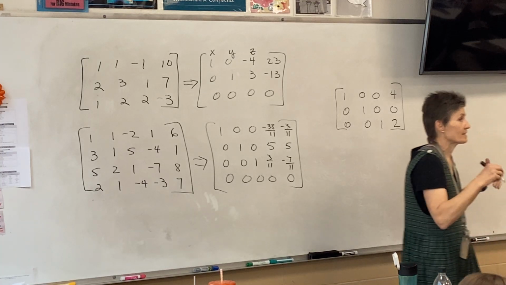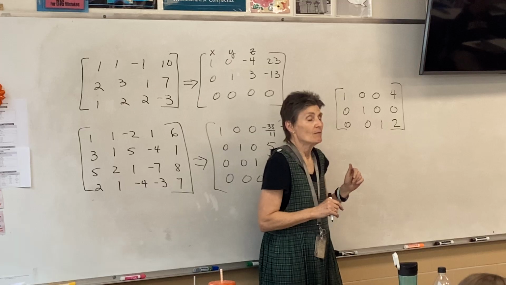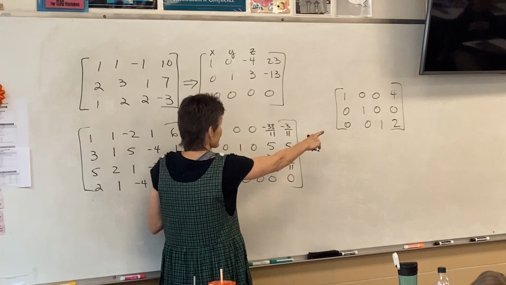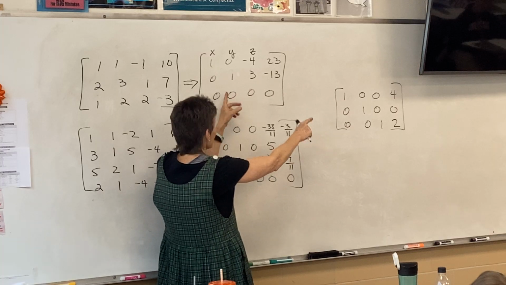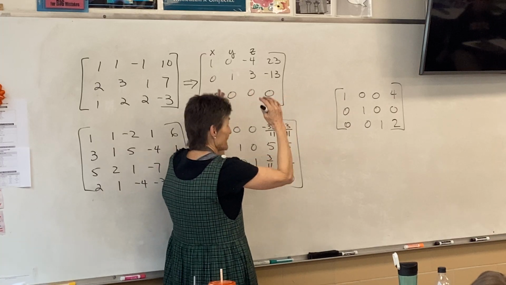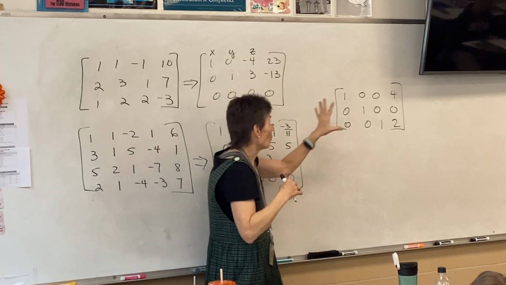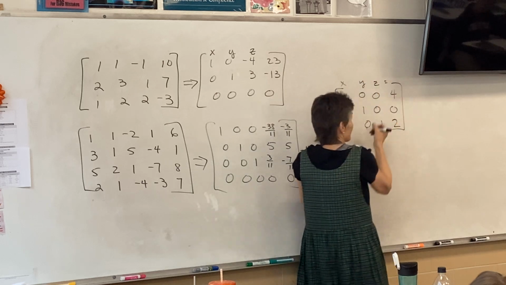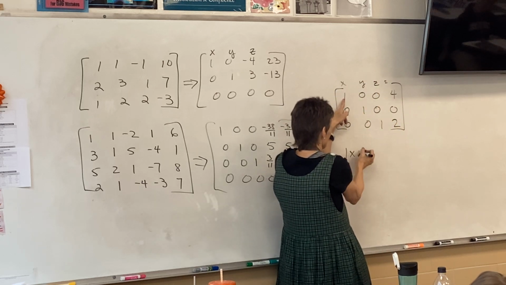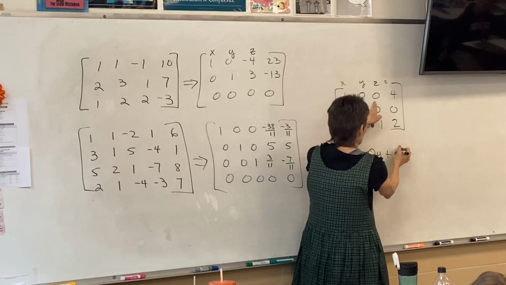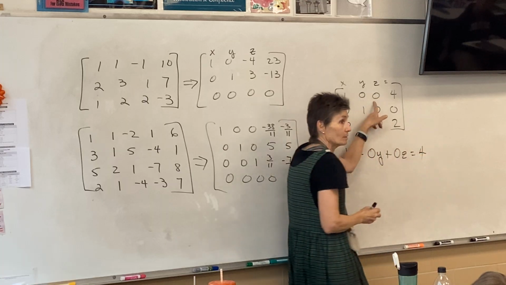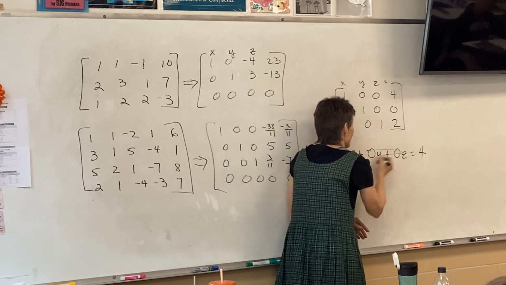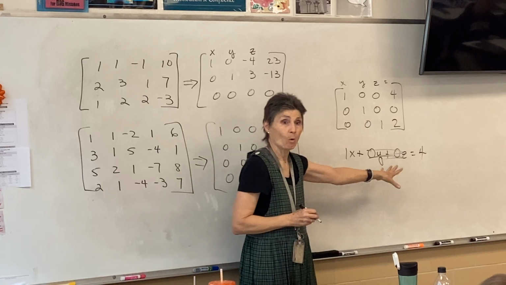And the other one looked the same except it had decimals in it. There is a huge difference between that answer and this answer, though they are the same size. You need to understand what this new matrix is saying. It is literally saying that 1x plus no y's plus no z's equals 4. Well, no y's and no z's, I can ignore that, so x equals 4.